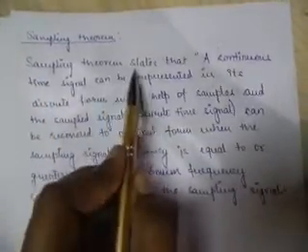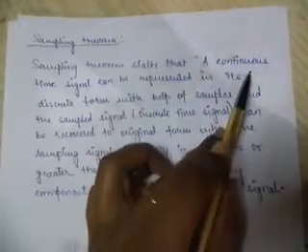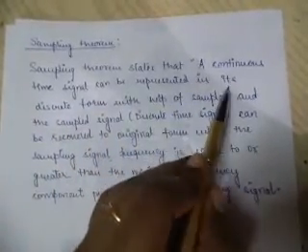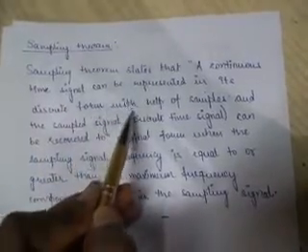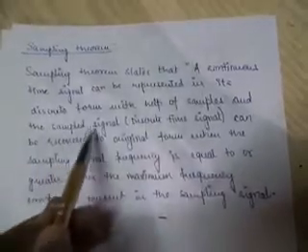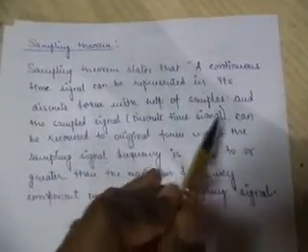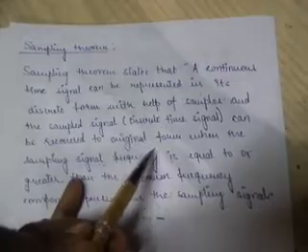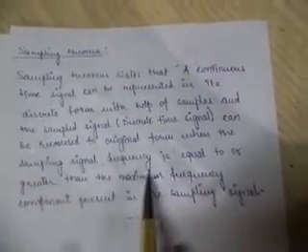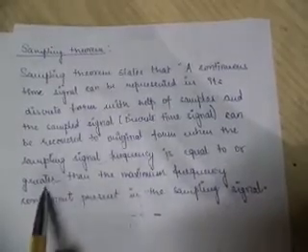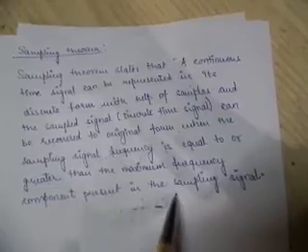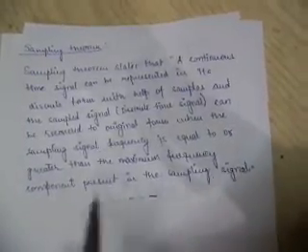The sampling theorem states that a continuous time signal can be represented in its discrete form with help of samples, and the sampled signal, that is discrete time signal, can be recovered to original form when the sampling signal frequency is equal to or greater than the maximum frequency component present in the sampling signal.